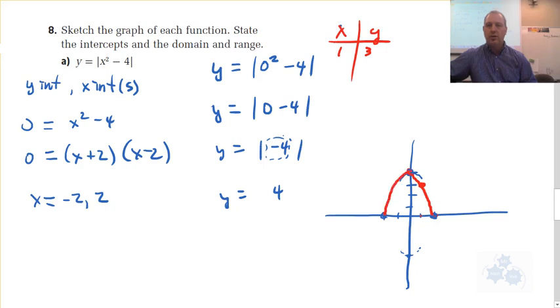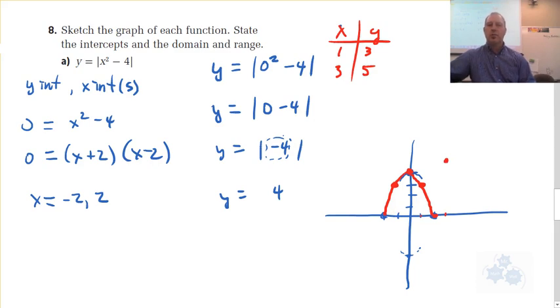It's going to be symmetrical, right? Negative 1 would also be, right? Negative 1 would also be 3 there. And then you could try a point 3. 3 squared is 9 minus 4 is 5. So 3 is going to be up here at 5.